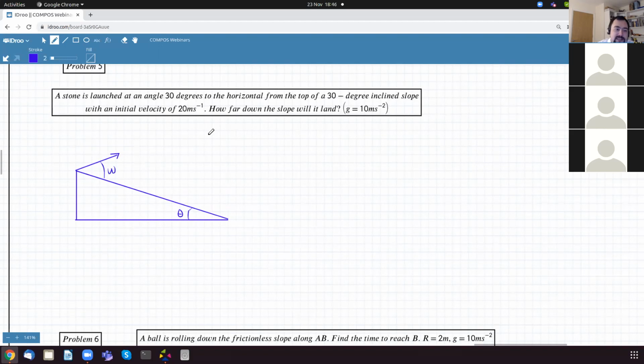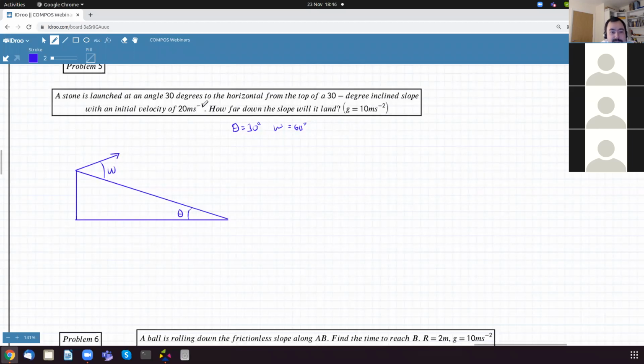So as you understand, theta is 30 degrees, and omega is 60 because it is 30 degrees here, another 30 here, so a total of 60 here.